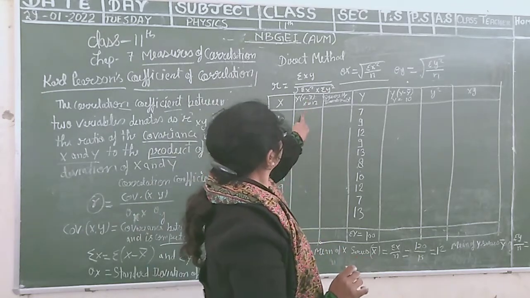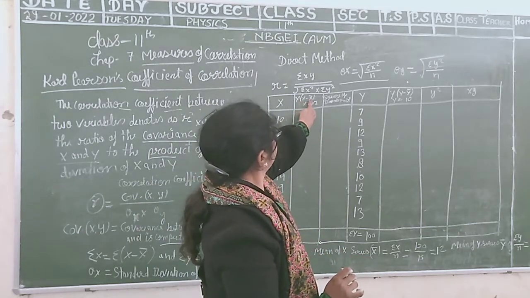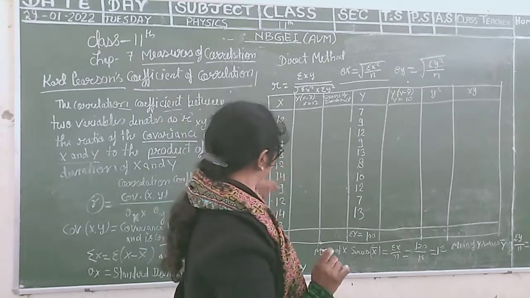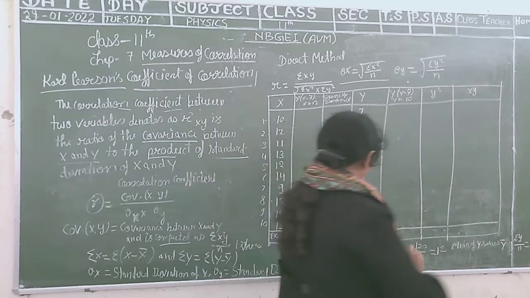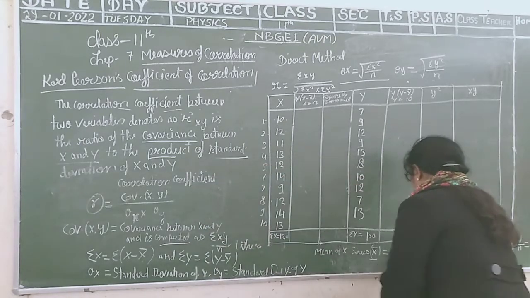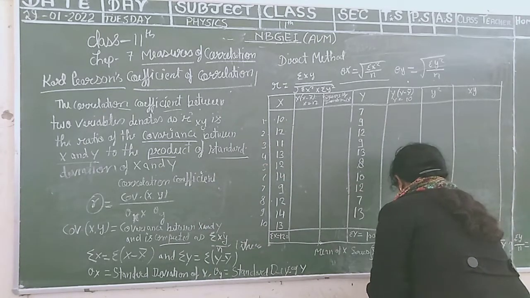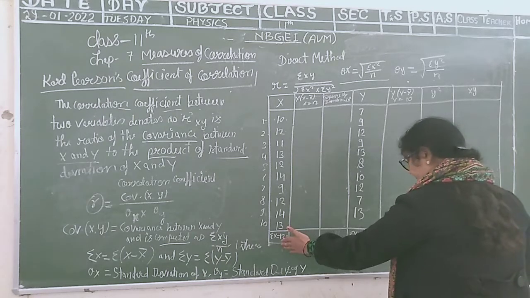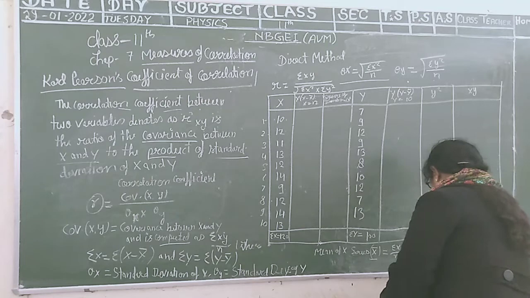Now students, here x equals x minus x mean. Firstly, we will find x mean. x mean equals sigma x upon n. The sum of numbers 120 upon 10 equals 12.